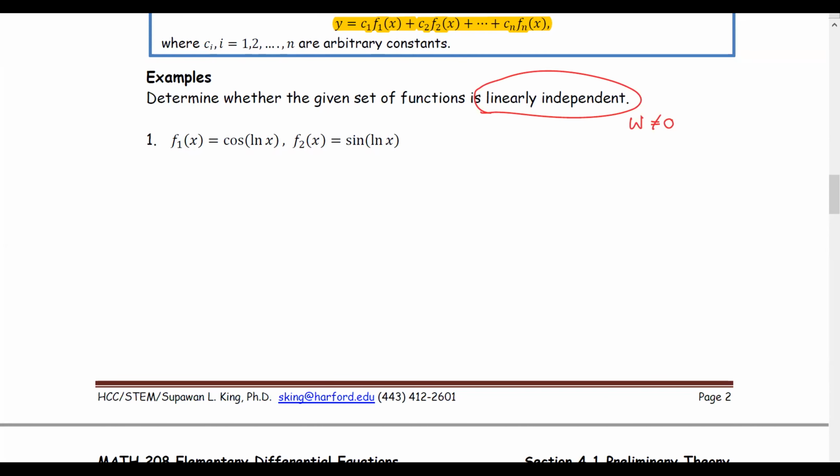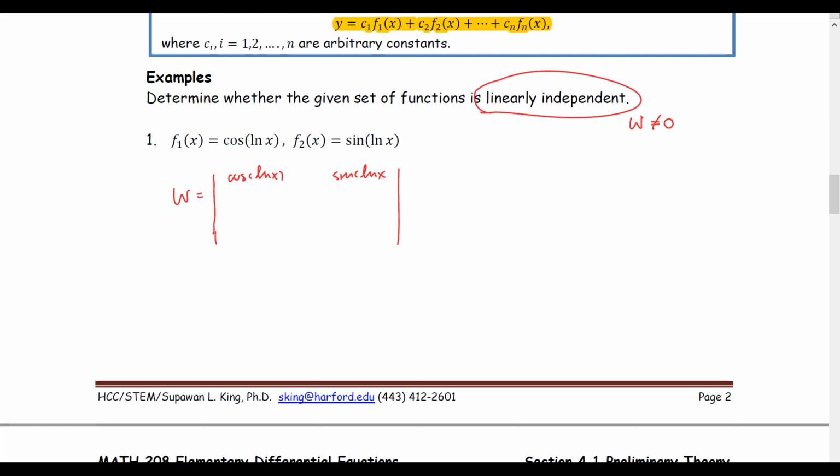In the first example, we have two functions. Set up the Wronskian by finding the determinant of the 2 by 2 matrix. The first row would be the functions f1 and f2, which are cosine of natural log x and sine of natural log x. The second row is the derivative of the previous row.